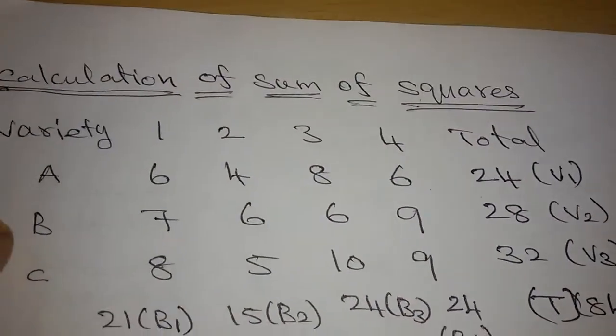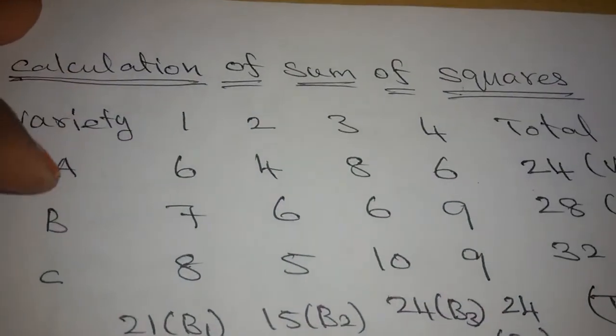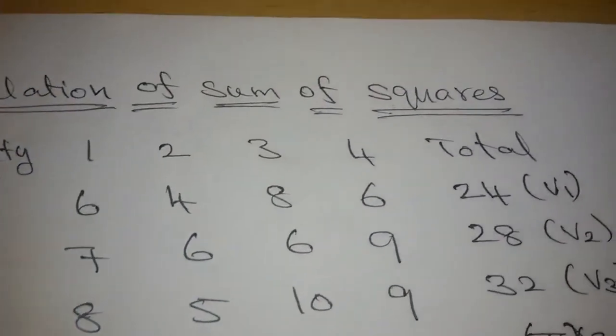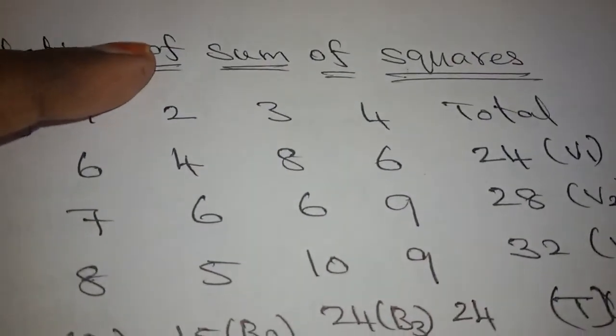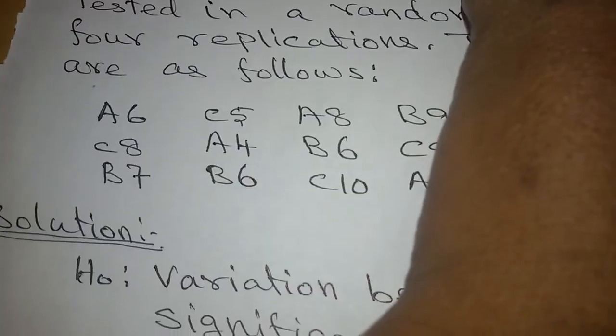Calculation of sum of squares. The variety, first column you have to take as A, B, C. Then 1, 2, 3, 4. According to the order A, B, C, you have to write down the values. The first value for A is 6, B is 7 and C is 8.